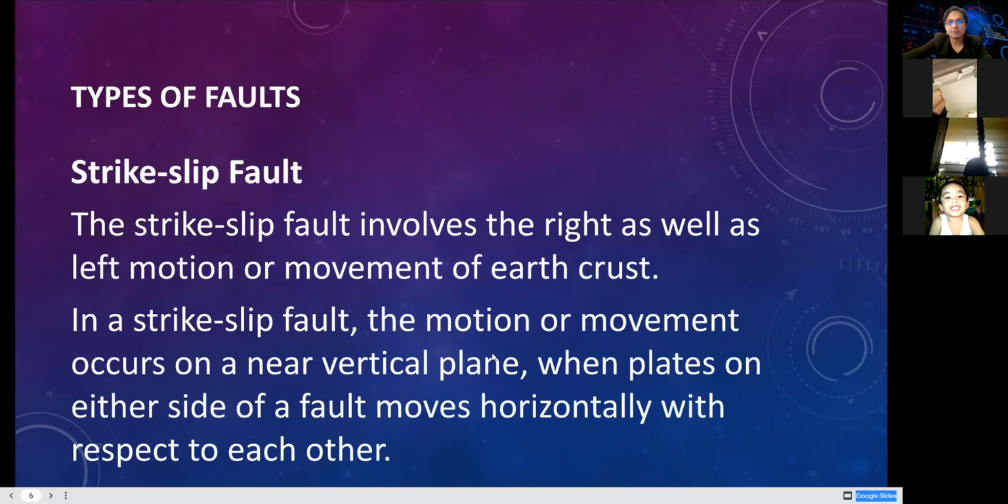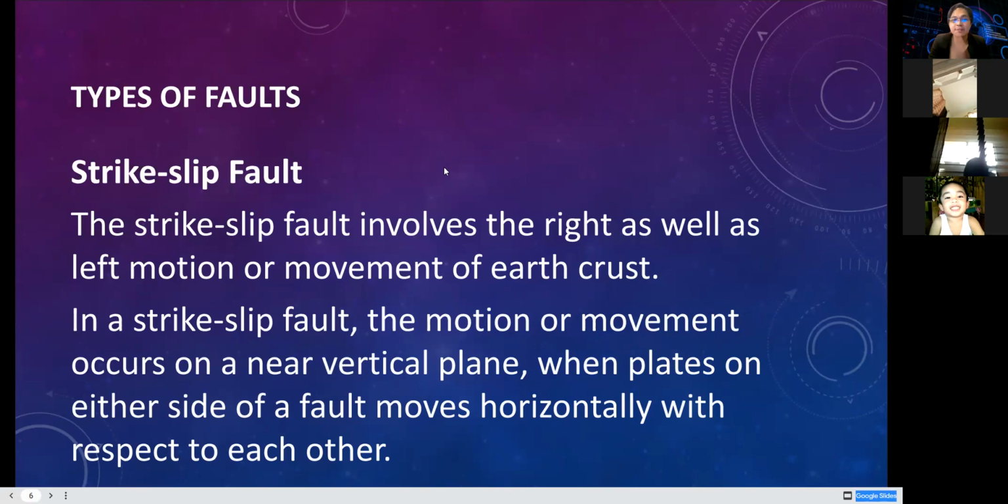Let's move now to the types of faults. What are these types of faults? First is the strike slip fault. There are two terminologies there: strike and slip. It involves the right as well as the left motion of Earth's crust.